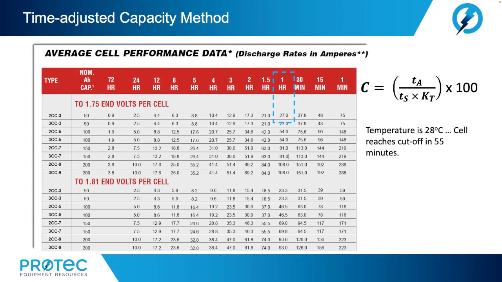The temperature, let's assume to be 28 degrees C, and let's say that this cell reaches cutoff in 55 minutes. Again, remember, our rated time is 1 hour, but the cell reaches cutoff in 55 minutes. Using the time-adjusted method, we use the 55 minutes divided by the 60 minutes times the temperature correction factor, and we would see that that cell is at 89% capacity.